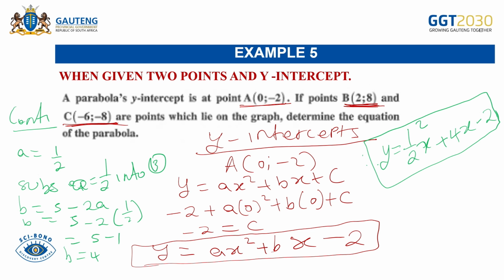And again, you substitute the other point, which is negative 6, negative 8. Then again, your unknowns are a and b. Then you have to solve simultaneously for a and b. Then your equation will be given as y equals 1 over 2 x squared plus 4x minus 2.